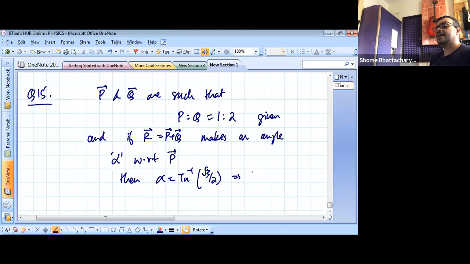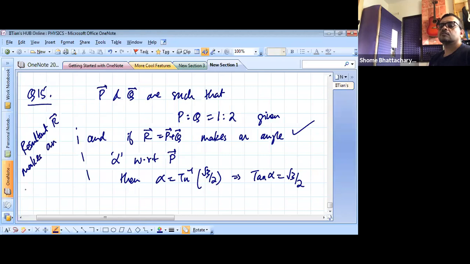That means that tan alpha should be equal to root 3. This is the meaning of this statement. The resultant makes an angle of tan inverse of root 3 by 2. Let me write that more properly so that you won't get confused later.